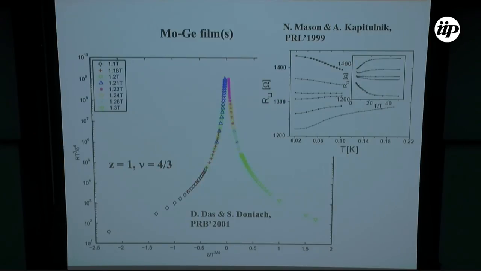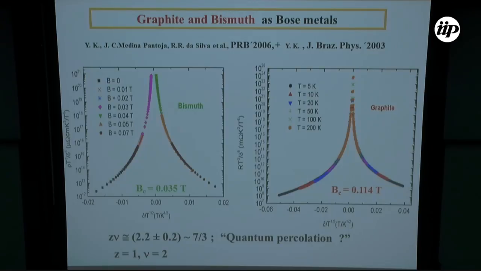In spite of it being an empirical scaling, and it being very difficult to make far-reaching conclusions, at least the transition accounts for the saturation of resistance at low temperature, and these are the critical exponents they obtain.